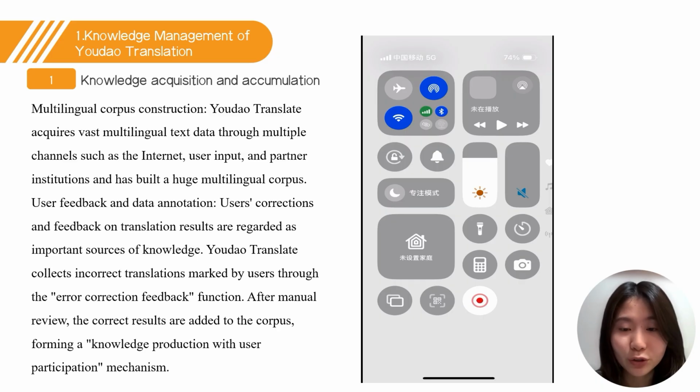This corpus is the basis for training the translation model, covering contexts such as daily expressions, professional terms, and literary works. User feedback and data annotation: users' corrections and feedback on translation results are regarded as important resources of knowledge.